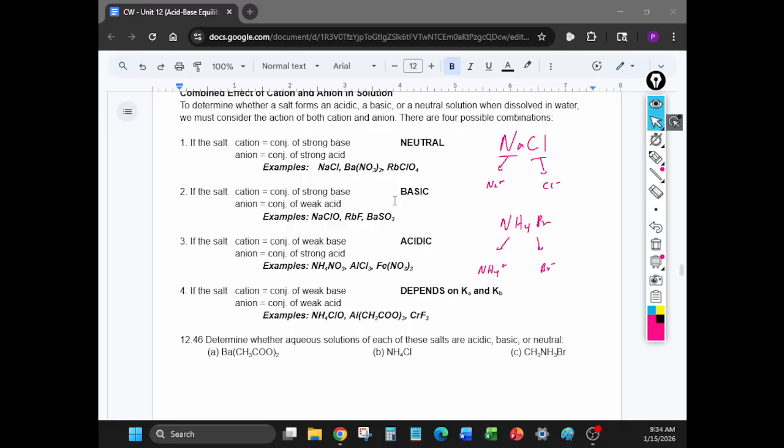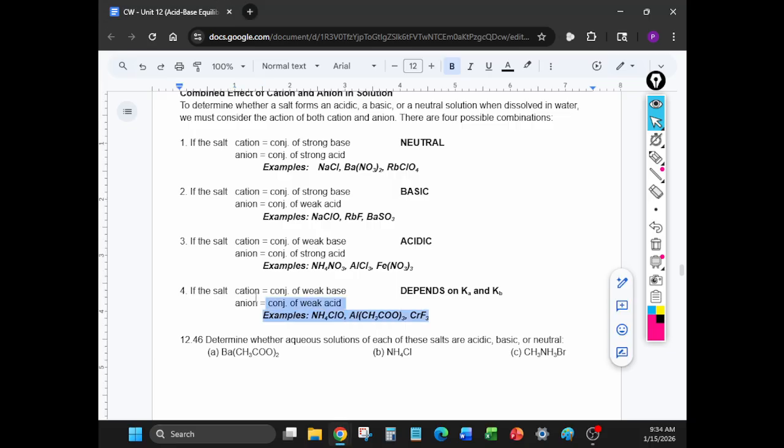Now, there are 4 different possibilities. We just need to look at the cation and anion and figure out if each is the conjugate of a strong acid, a strong base, a weak acid, or a weak base. I have this chart for you right here. This will make it a little bit easier to solve these problems, but this is something that you will have to know. If the cation is the conjugate of a weak base and the anion is the conjugate of a weak acid, it's going to really depend on the Ka and Kb values, but you won't get problems like this.